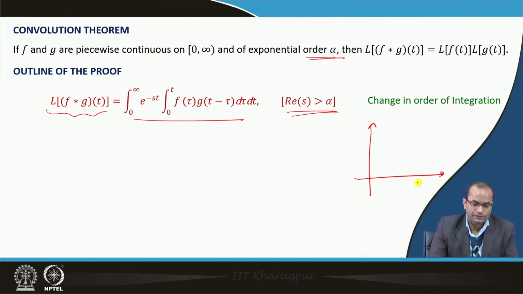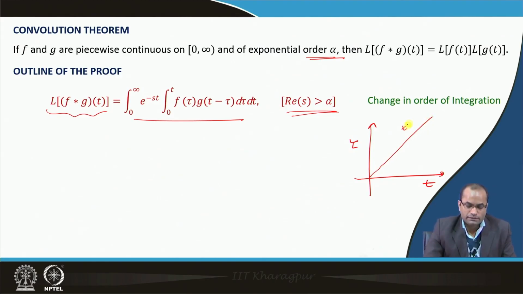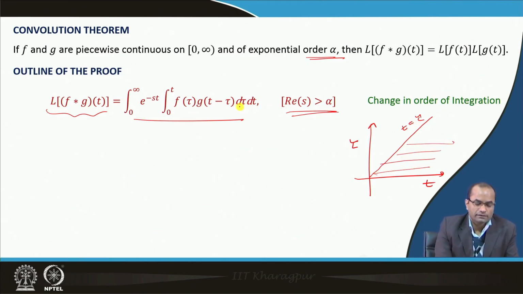Let us assume this is the t axis and this is the tau axis. So, this is the line t is equal to tau. The integral here says that t is varying from 0 to infinity and tau varies from 0 to t.